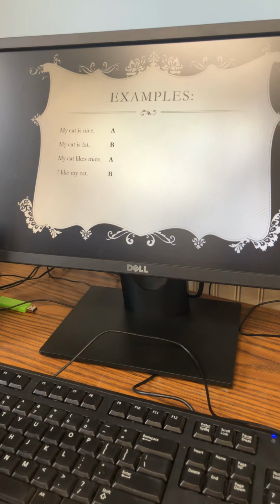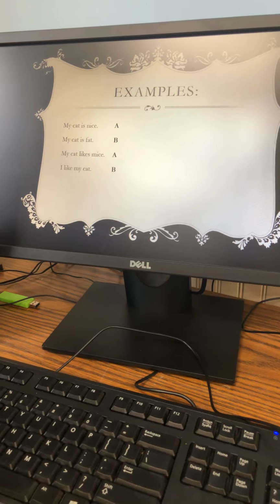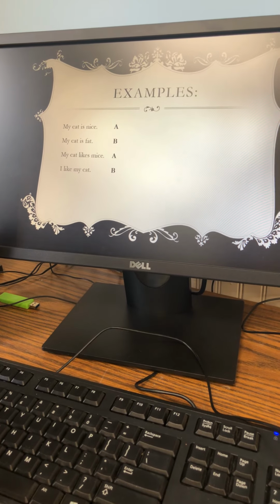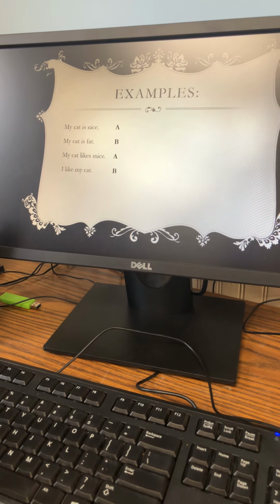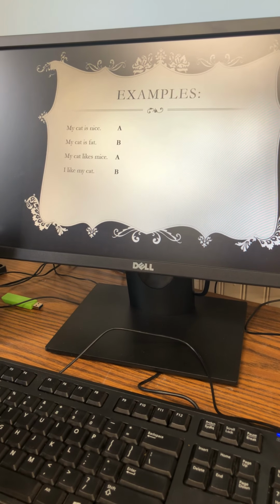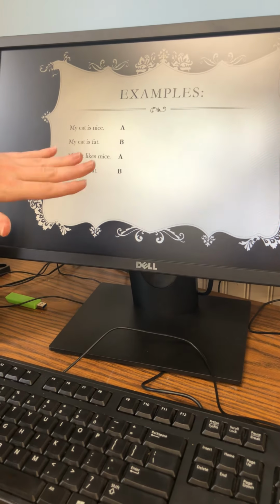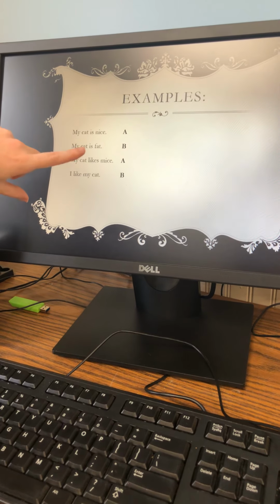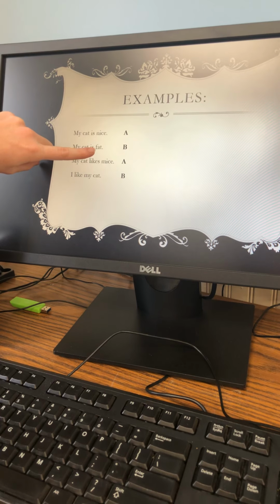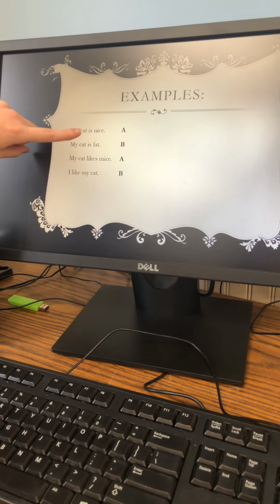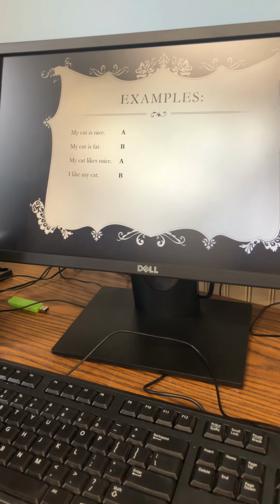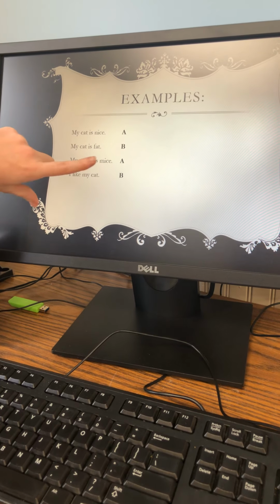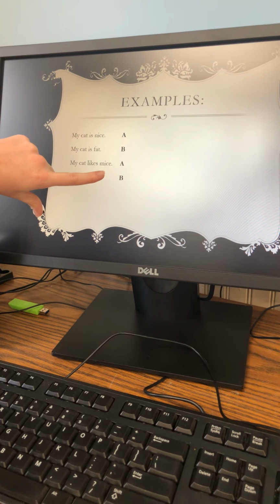Another example, and all I did here was scramble the lines. So now the poem reads, my cat is nice, my cat is fat, my cat likes mice, I like my cat. The first line, again, always gets the letter A. Your second line ends with the word fat. Fat does not rhyme with nice, so it gets the next letter in the alphabet, B. The third line ends with mice.